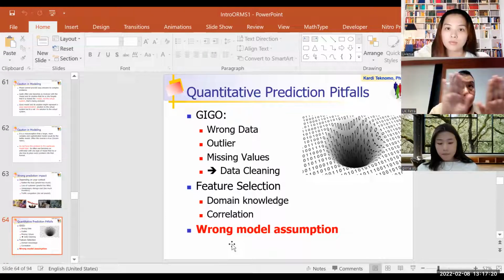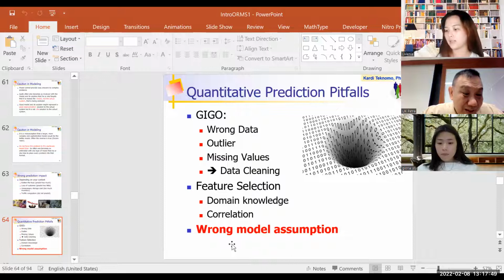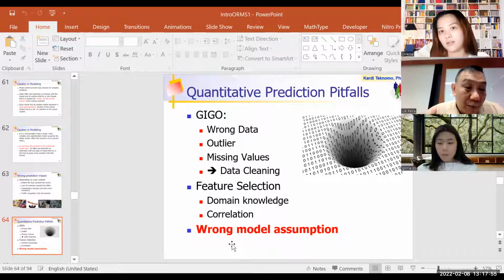And then we also don't want 2 or 3 variables with high correlation in the same model. We don't want 2 or more variables that are correlated in the same model. Why do we not want that? Can you give an example of correlated variables?